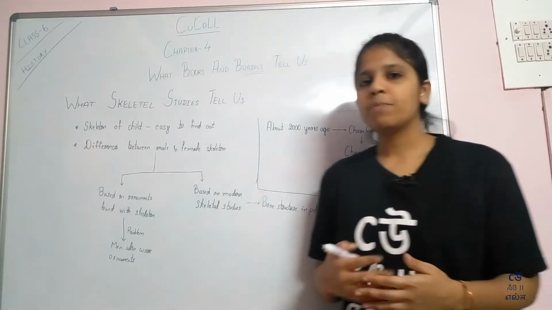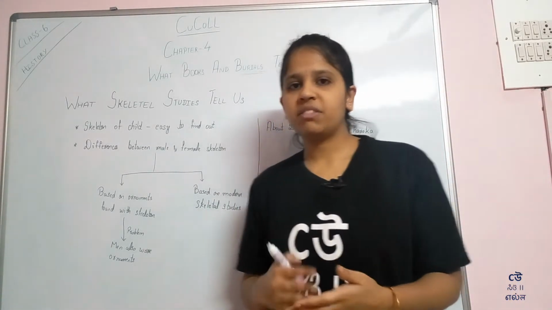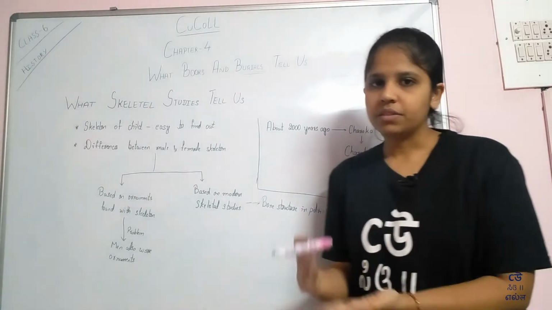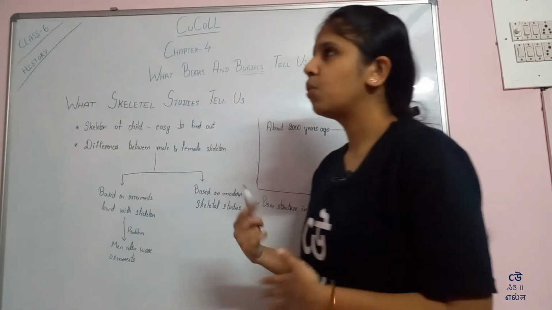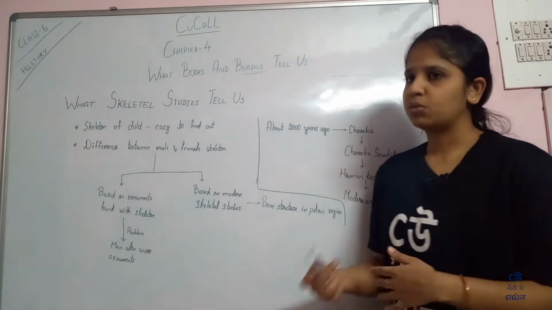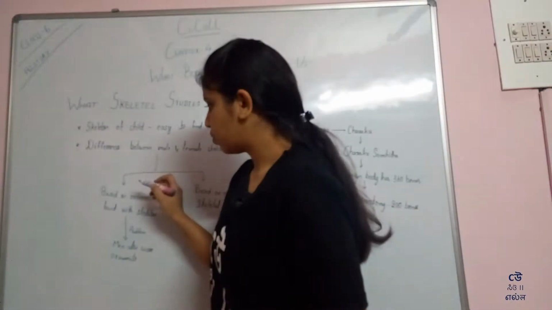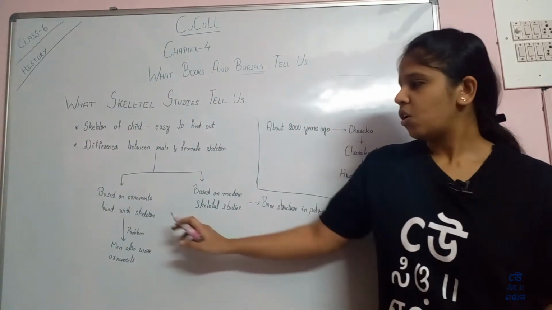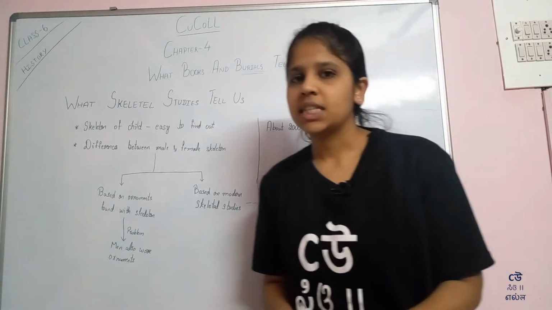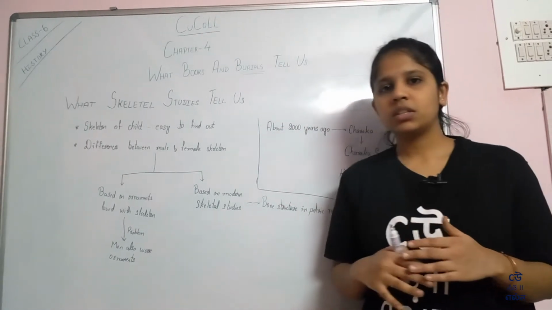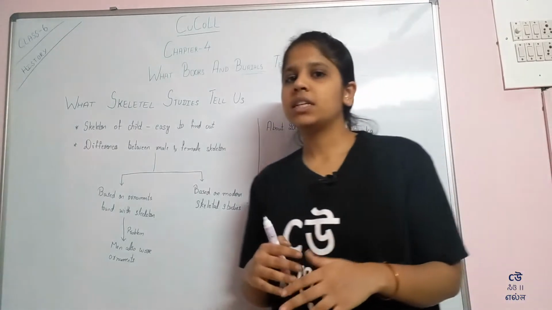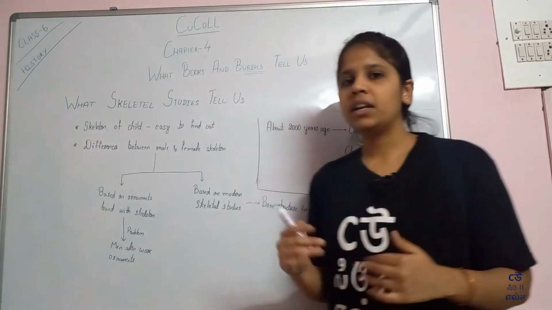Next, how did they differentiate between the skeleton of a man and a woman? Based on the ornaments found with the skeleton, the archaeologists described the skeletons of male and female.